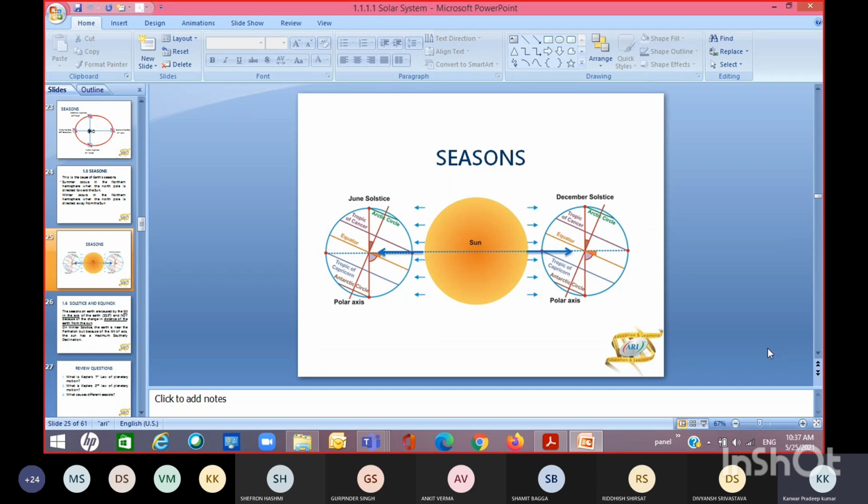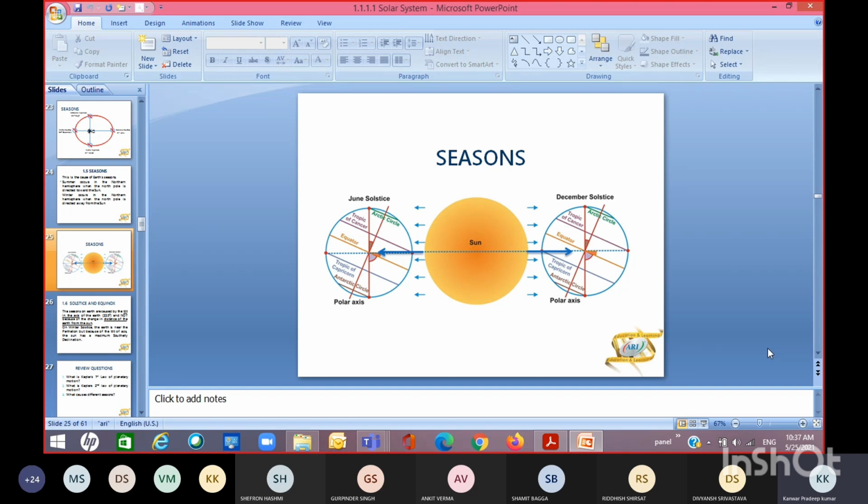So the Arctic Circle remains completely illuminated. Which portion is having night? The left side of the vertical line. The tilted line is the axis of rotation. Arctic Circle will have full daylight 24 hours. Antarctic Circle will have full night 24 hours.